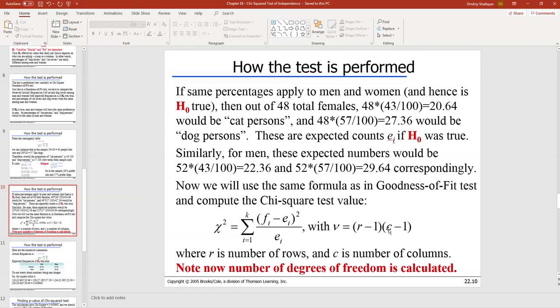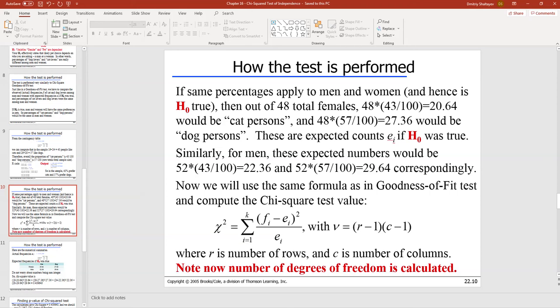Columns is how many categories you have in pet preferences. For rows we have 2, male, female, minus 1 is 1. For columns we also have 2, cat, dog. 2 minus 1 is 1, so 1 times 1 is 1. So I have to use the chi-squared distribution with 1 degree of freedom.